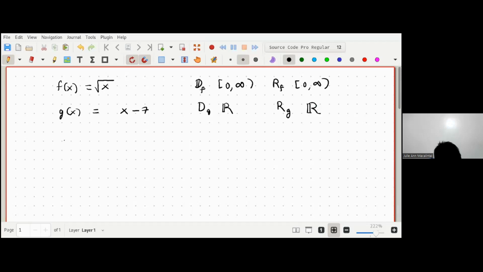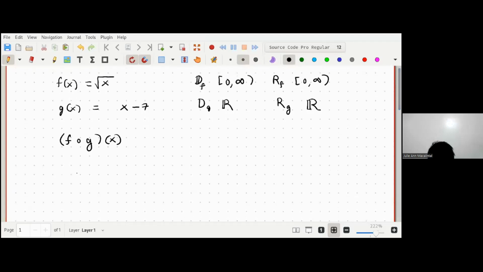So, tingnan natin yung function composition, f circle G of x. So, what we're going to do here is we're going to start at a point. So, ito, yung domain ng G is all real, di ba? Domain ng G is all real. Tapos, yung range ng G is also all real.